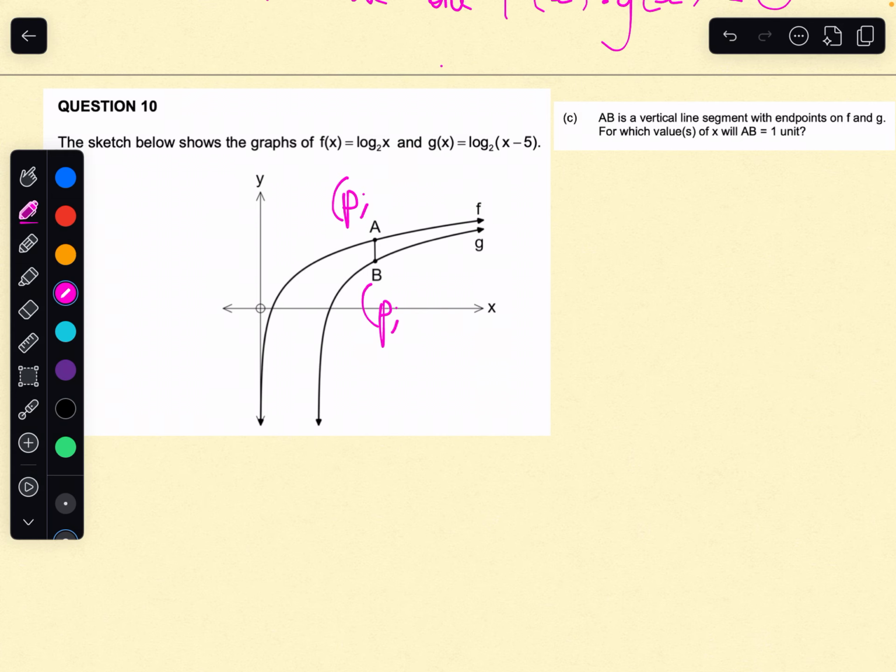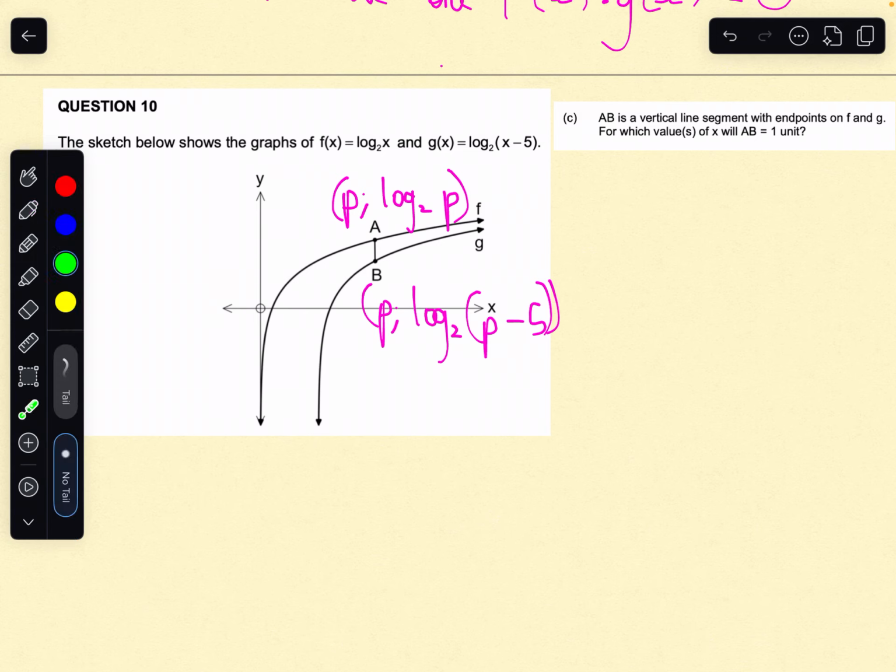And we know that the y-coordinate of A will be log base 2 P, and the y-coordinate of B will be log base 2 P minus 5. So we are looking for places where this vertical distance is 1 unit. In other words, the difference between these two is 1.